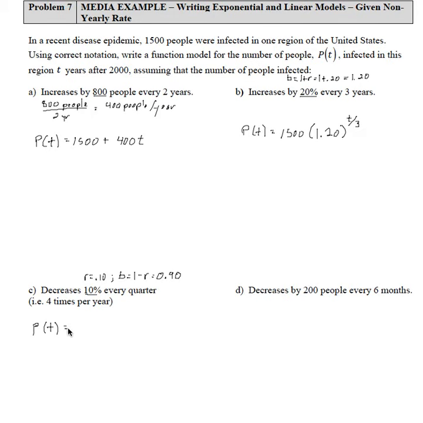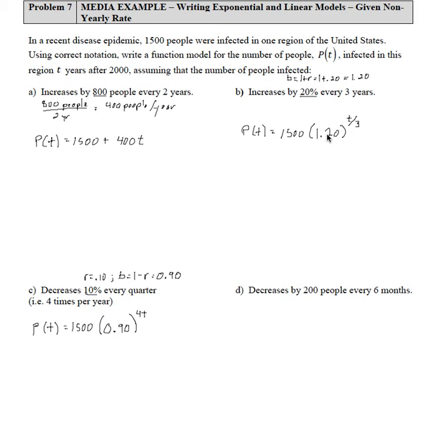So my P of t is going to be my initial population, 1,500, times 0.90. Now because this 10% is applied 4 times per year, I need to make my exponent 4t to bring that up to an exponent that will have a yearly impact, 4 times t.